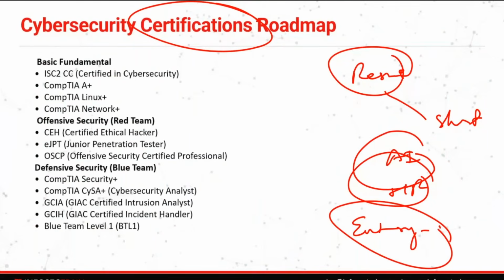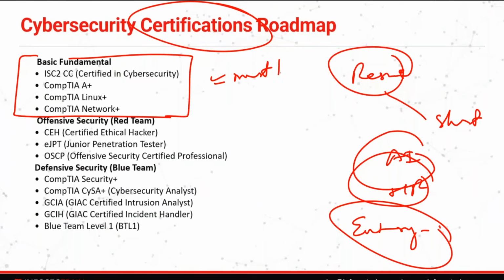So these are the certifications you need to have, some basic fundamentals. Now, I will not say that you must have these certifications. You can also go via the free learning resources that I showed you.